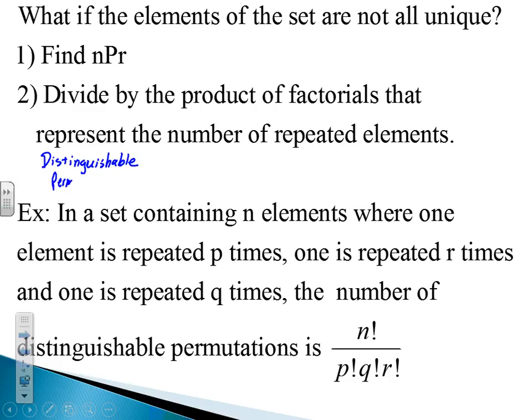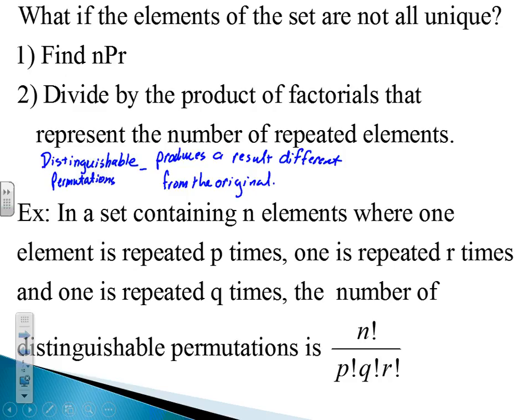A distinguishable permutation is a permutation that produces a result that's different from the original. That's kind of what the definition is.